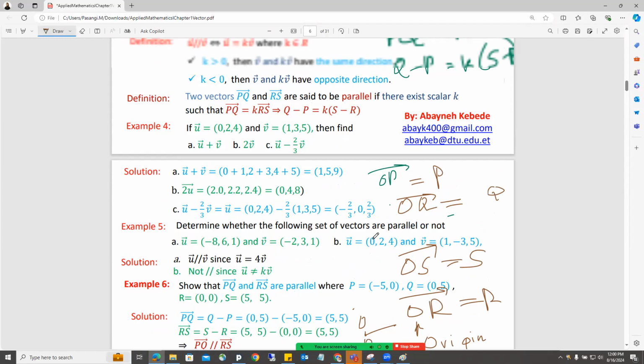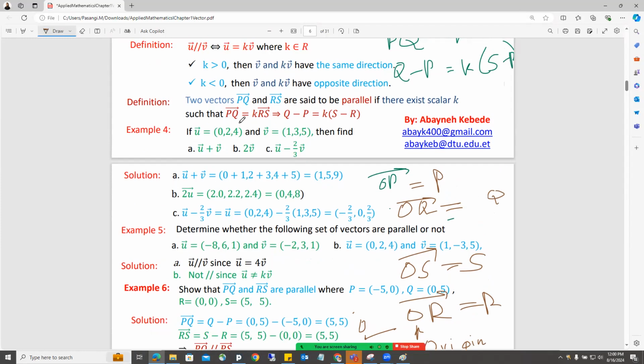Then what will happen here? PQ is equal to K times RS if and only if, from the position vectors, Q minus P is equal to K times S minus R. Position vectors always start with the origin, that is OA, OB.